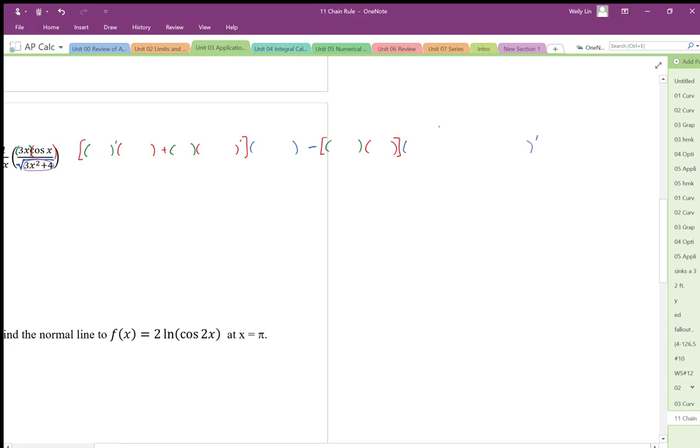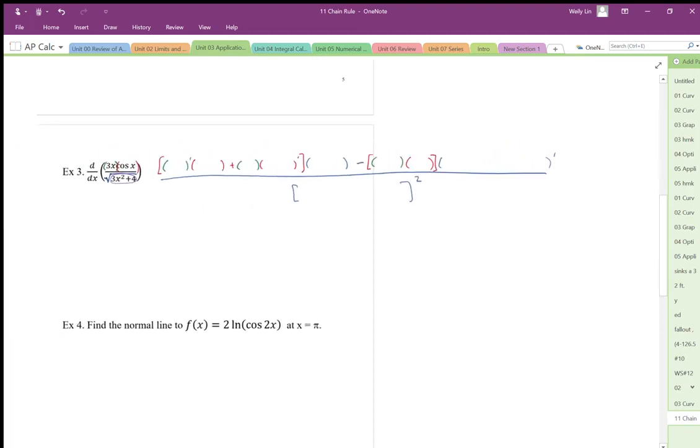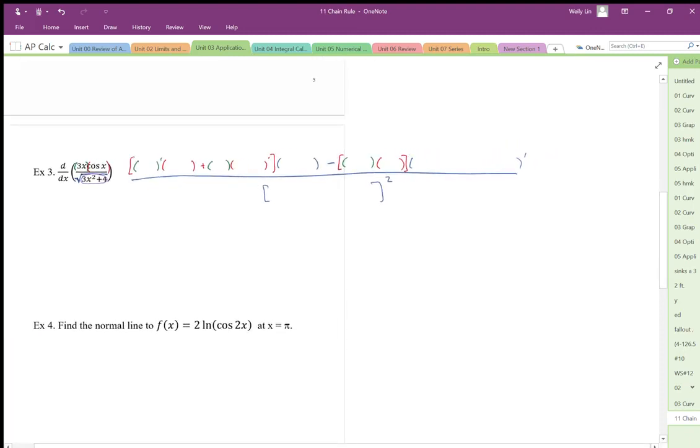Okay, so I'm just going to finish up this first. Then this is all over the denominator squared. I'm just going to start with the hardest part here, which is the denominator. In here, this is kind of easy because I have 3x squared plus 4. Square root squared is going to undo each other.